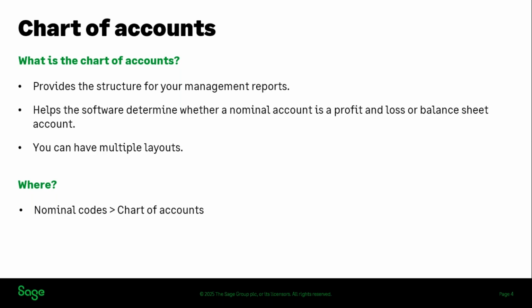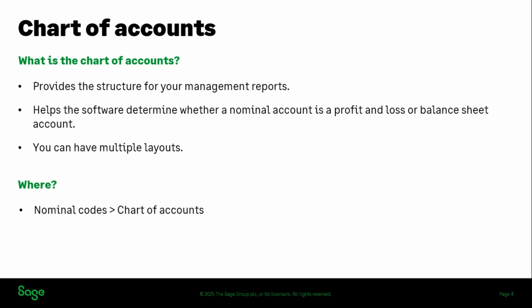So if you've never gone into this before, but your reports are running okay, that's because the default is available for you. This chart of accounts helps you to allocate nominal codes to either the profit and loss report or your balance sheet report. But it also determines what those reports will look like.